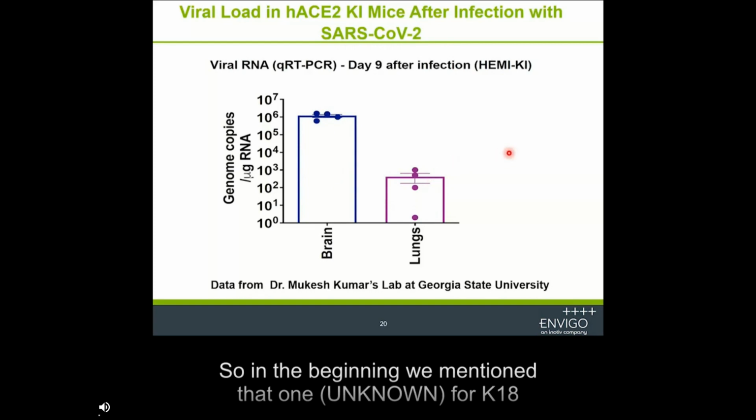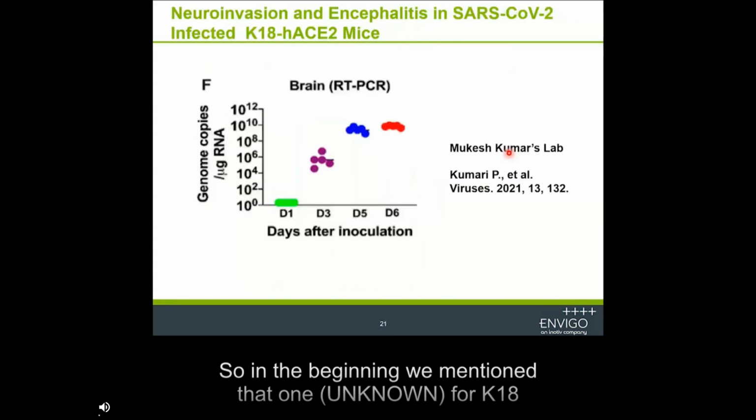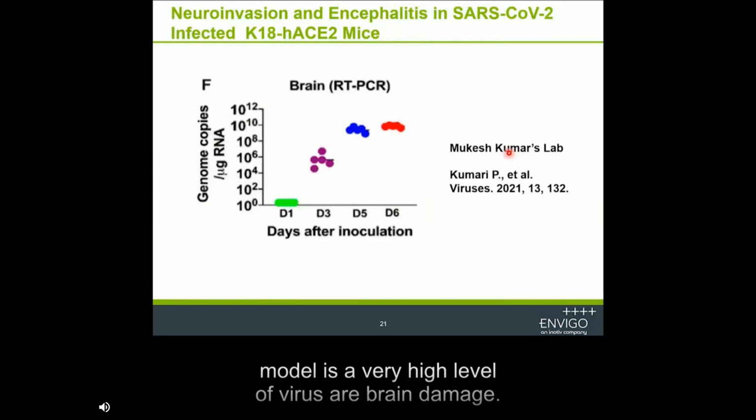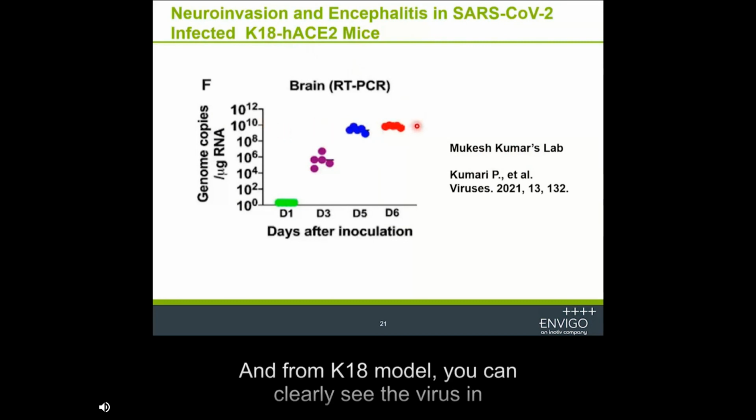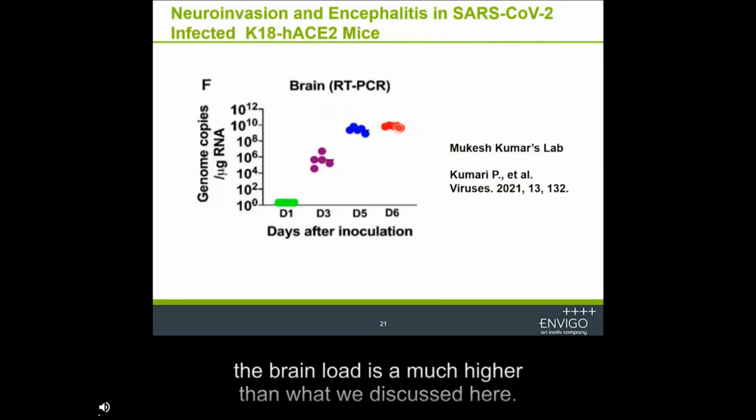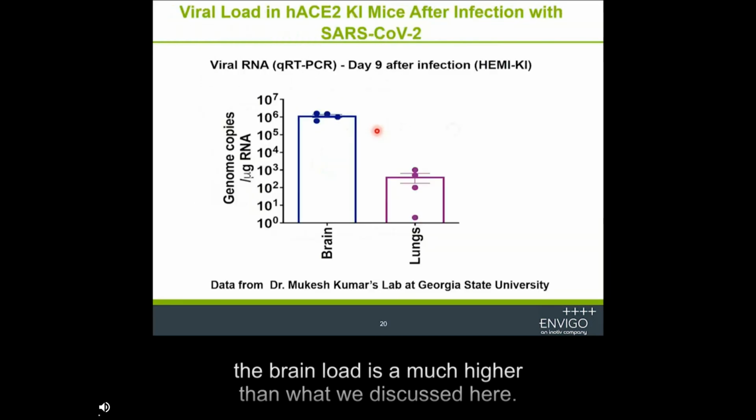In the beginning, we mentioned that one drawback of the K18-hACE2 model is a very high level of virus in the brain, causing brain damage. The same group also published a paper using the same method with the K18 model, and you can clearly see the virus load in the brain is much higher than what we discussed here.